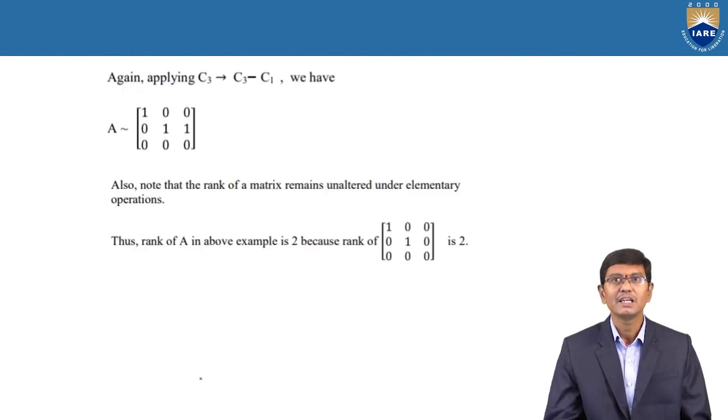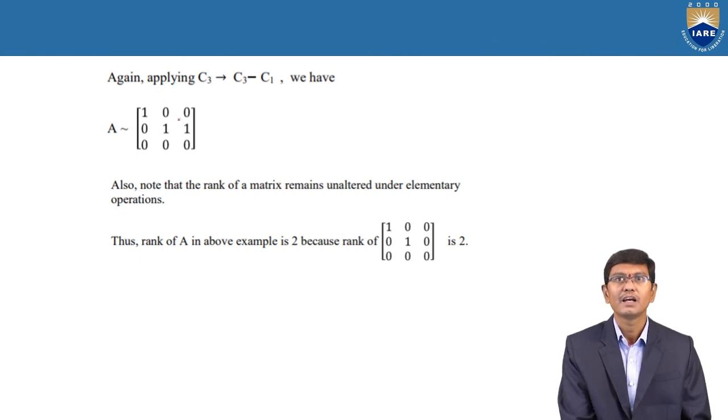By applying C3 minus C2, the matrix is changed to 1 0 0 0 1 0 and 0 0 0 as the value.